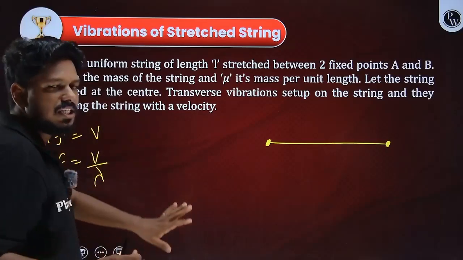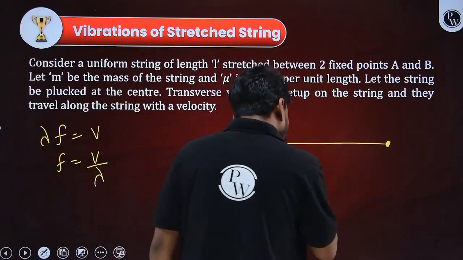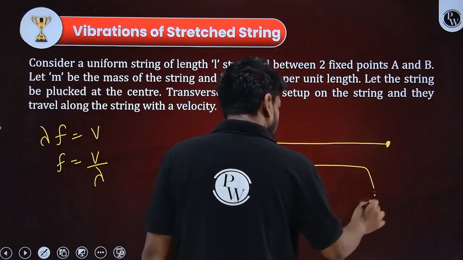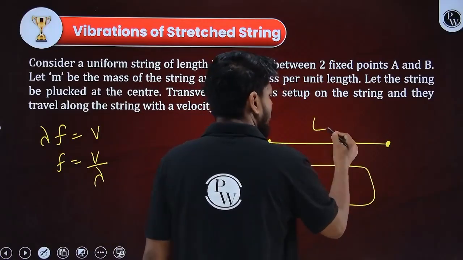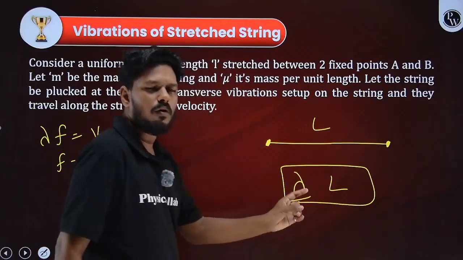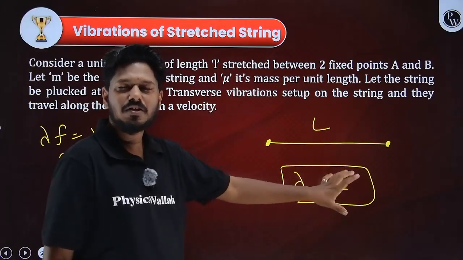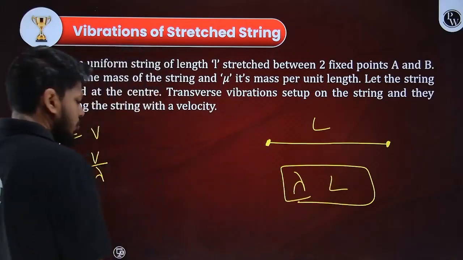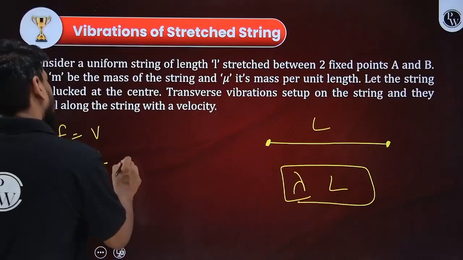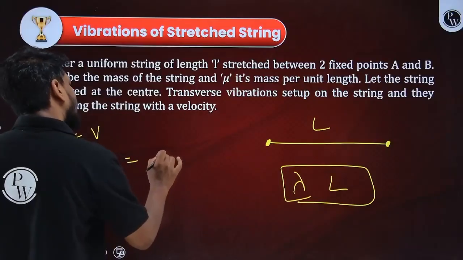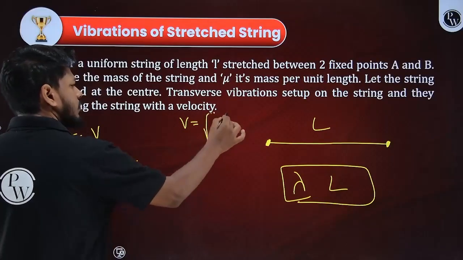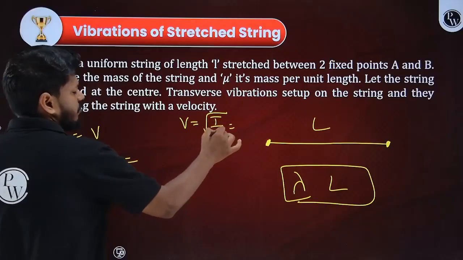In all these problems, you just need to know the relationship between wavelength and length of the string. If you know that relationship, just take the value of wavelength and substitute over here. You will get the answer. And velocity, as we have already seen, can be written as root of T by mu.